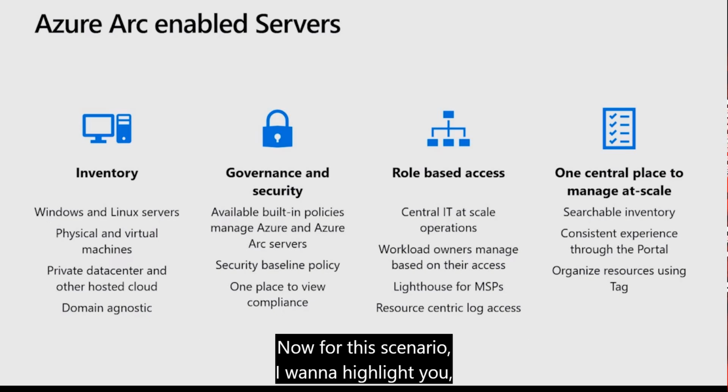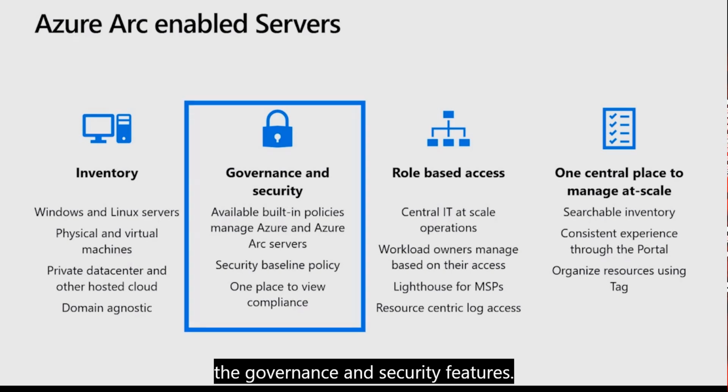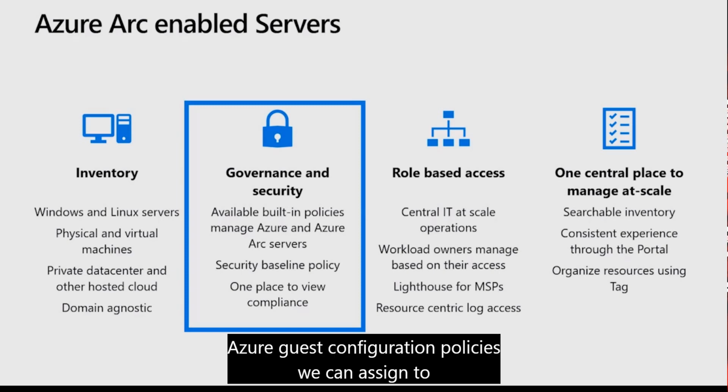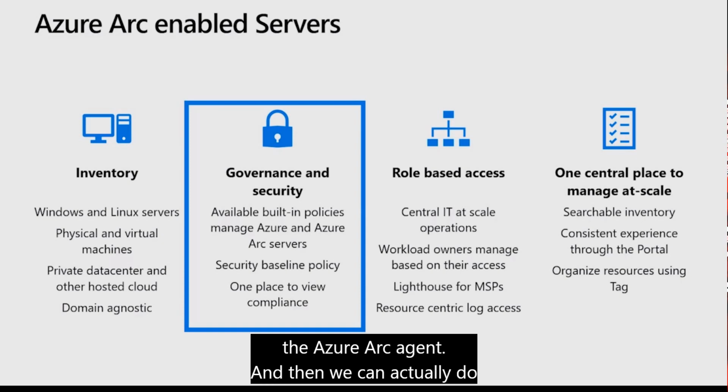Now for this scenario, I want to highlight the governance and security features. We're going to have a look at the Azure Guest Configuration policies we can assign to Azure VMs, but also to on-premises servers running the Azure Arc agent. And then we can actually do a compliance check of our whole environment.